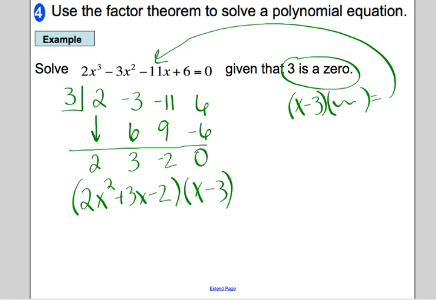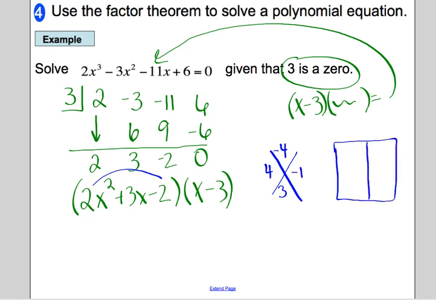So we'll go ahead and use a diamond and a rectangle to factor. We're looking for two things to multiply to negative 4 and add to 3. So 4 and negative 1. And we'll go to the rectangle now. And we'll put those answers in our rectangle. It looks like 2x squared is going to be broken up into x by x, so we get minus 1 and plus 2.